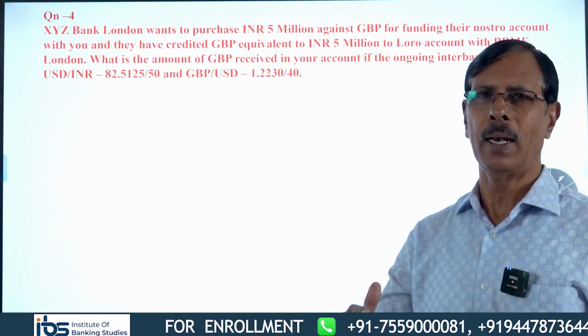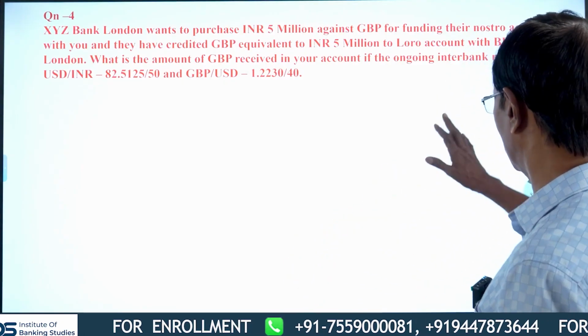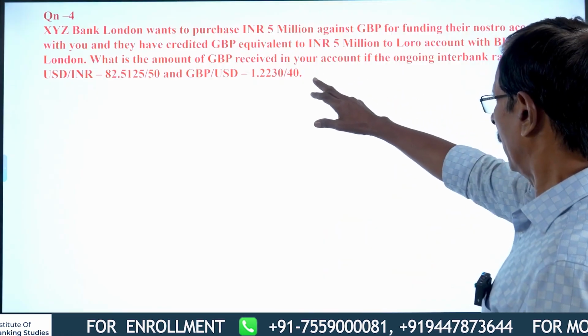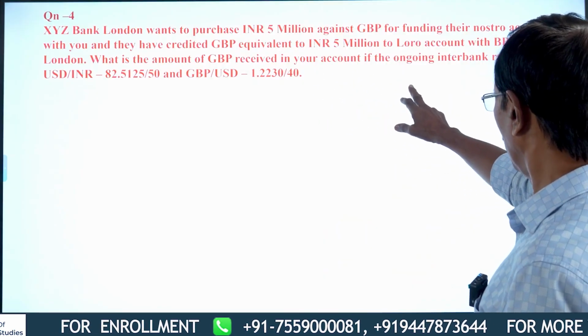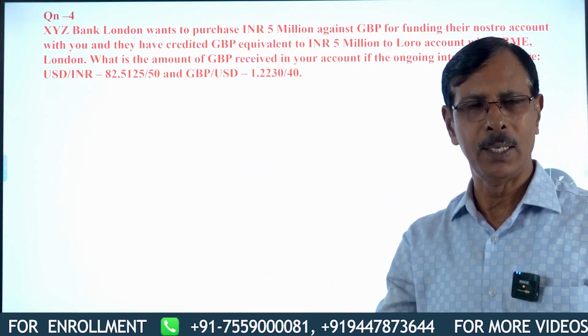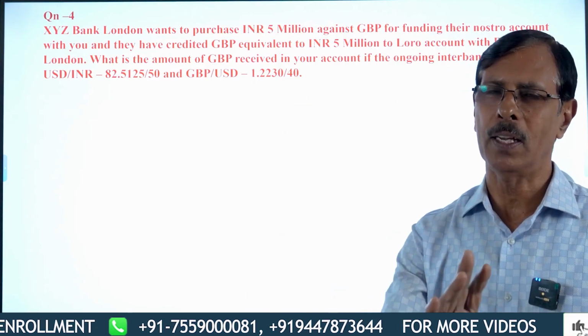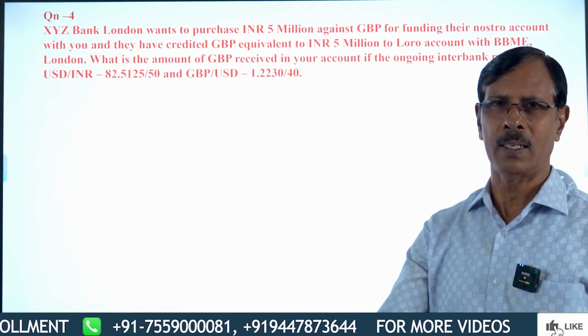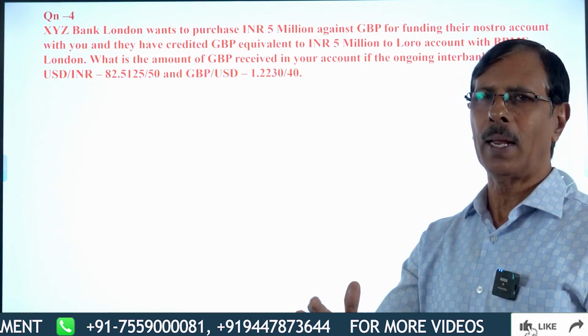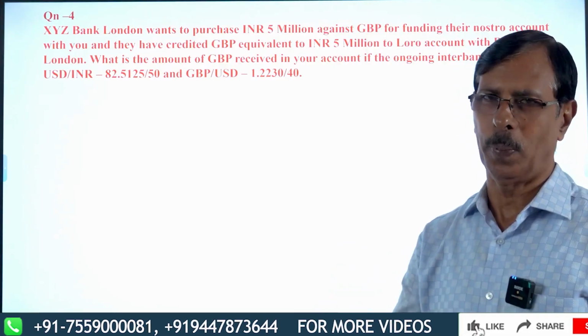This XYZ Bank, London is maintaining an account with you. They want 5 million Indian rupee, and naturally this bank is in London, so they have only GBP. So they will give GBP, and they require Indian rupee.